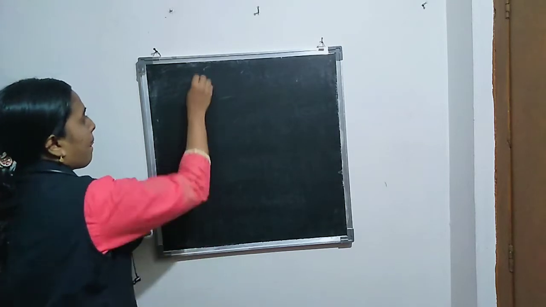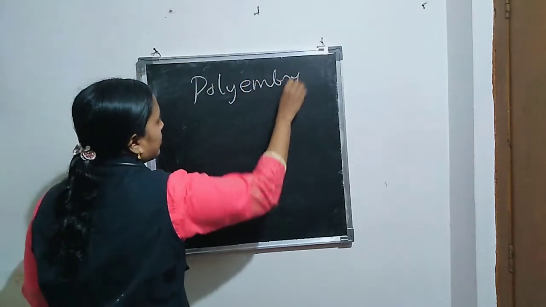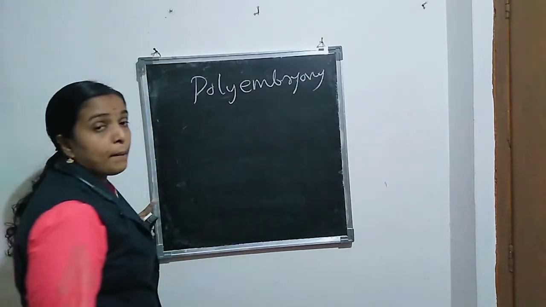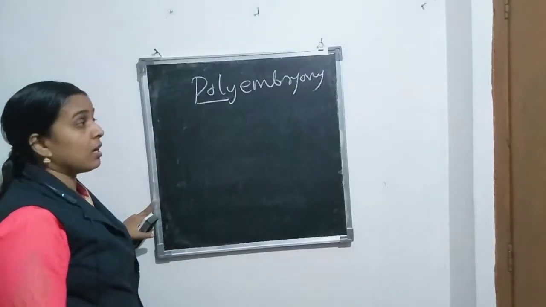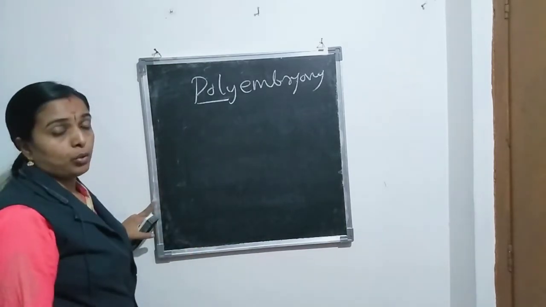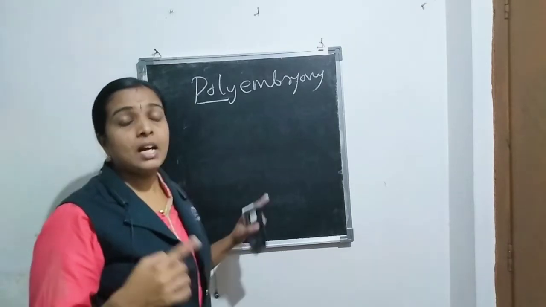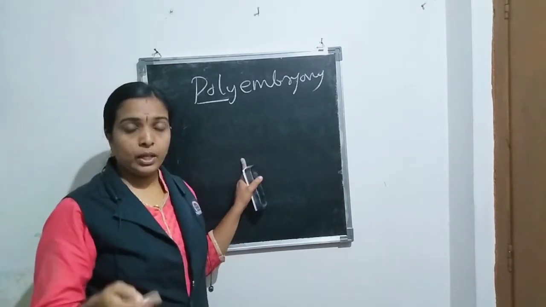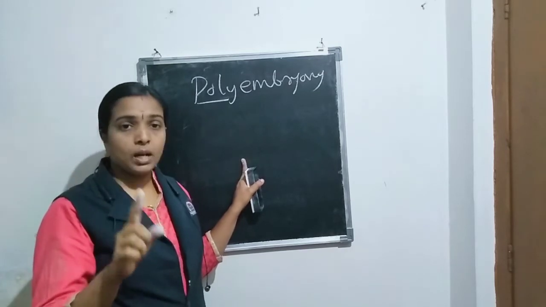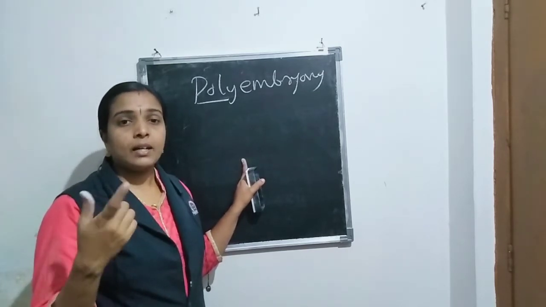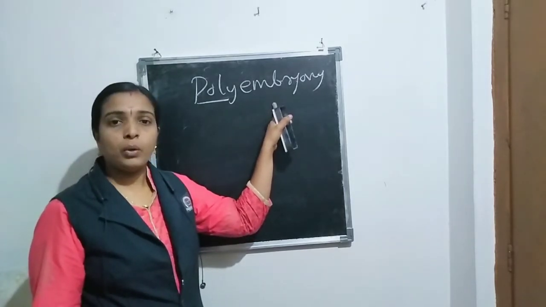Polyembryony. The term poly means many, embryony, embryos. Occurrence of more than one embryo in a seed is known as polyembryony. Normally a seed has one embryo, but there are some exceptions. Polyembryony is found in some plants.